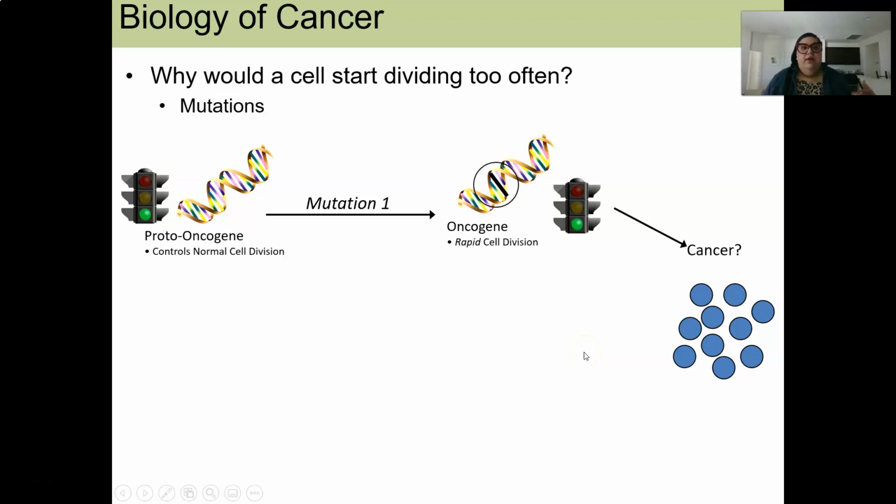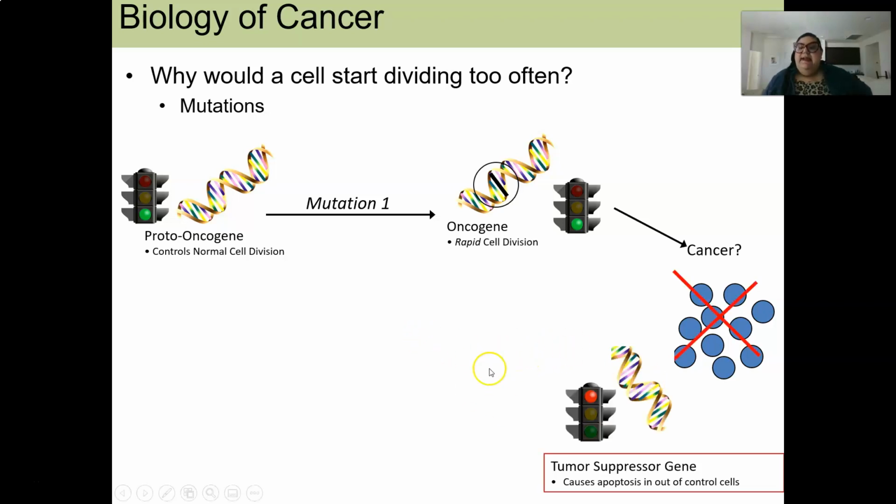Well, remember in my first slide, I said you need 2 mutations to get cancer. That's because we actually have tumor suppressor genes. The tumor suppressor gene would come in and say, nope, you know what? We're going to stop here. It's okay. Red light. That's a no-go.